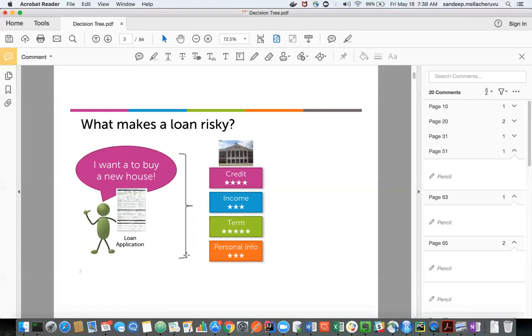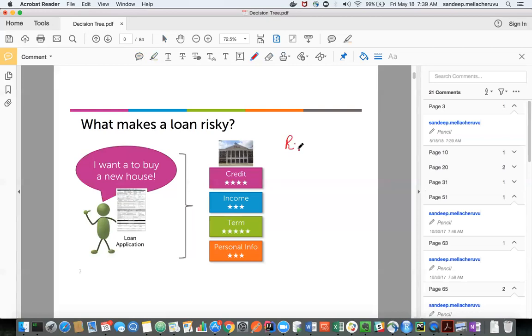The risk is more. Hope you know about cryptocurrency, but I invested personally as well, and I lost a lot of money. So that is a risky item. So risk is also based on where I want to invest.